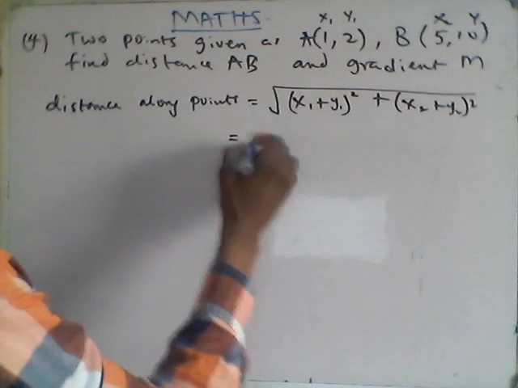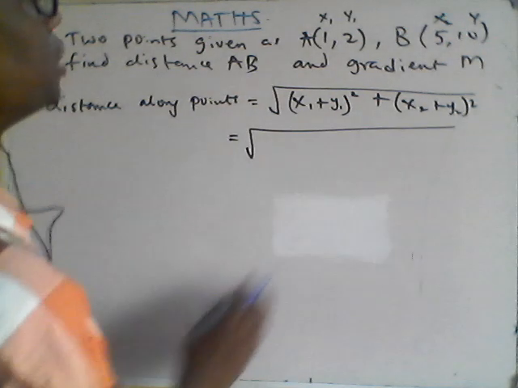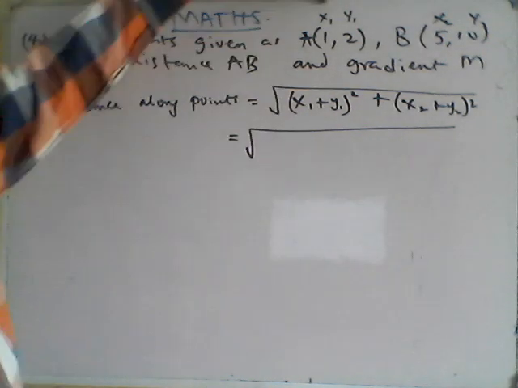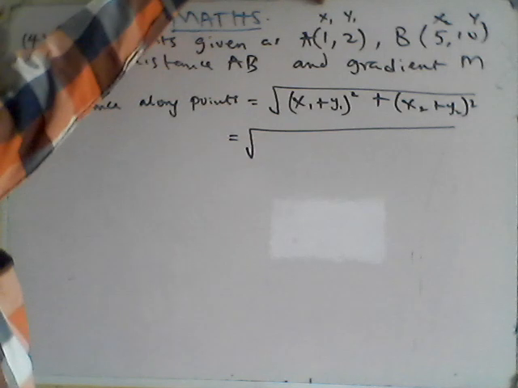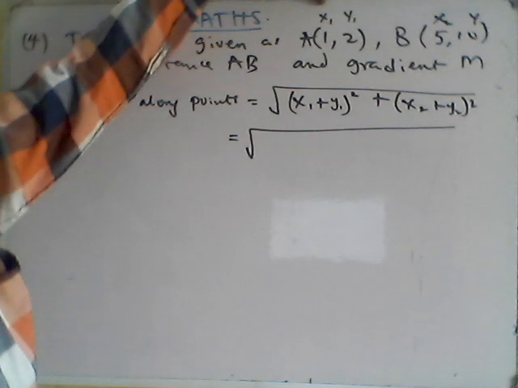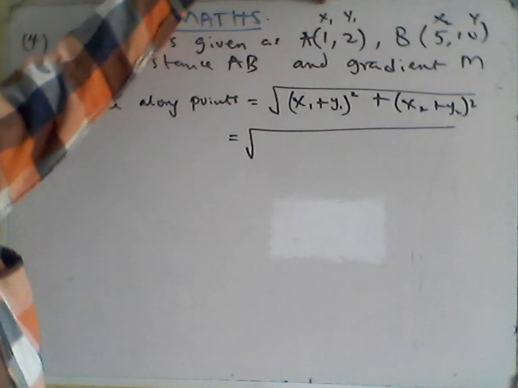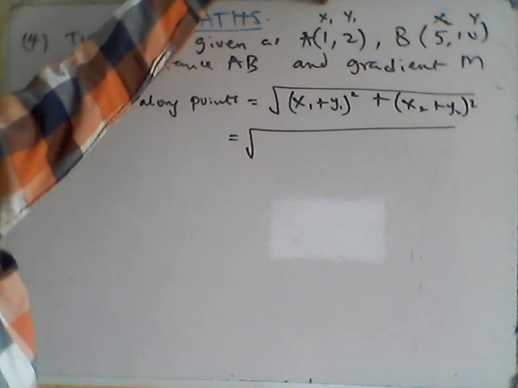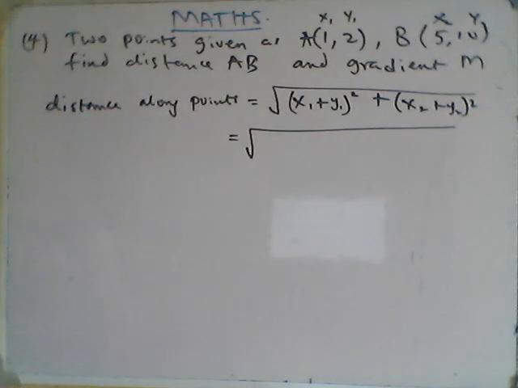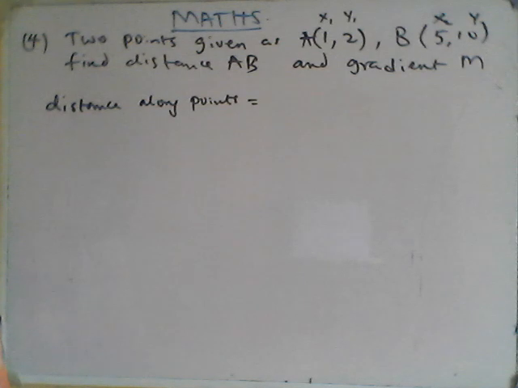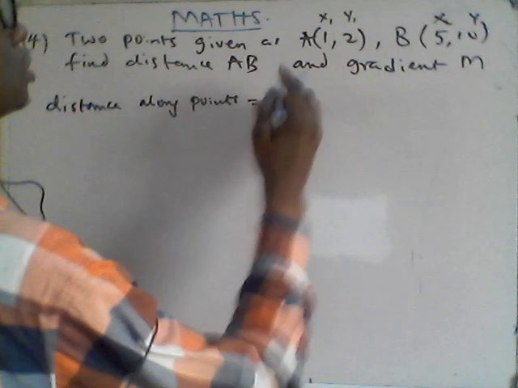So from this question, I'll just put my square root sign. So x1 here is 1. You understand? X1 here is 1. Distance between 2 points is given as this formula.